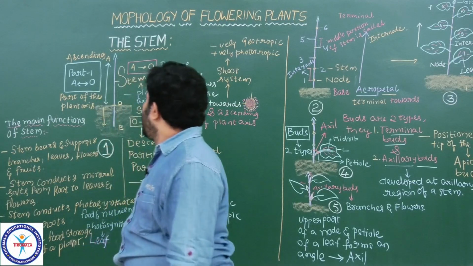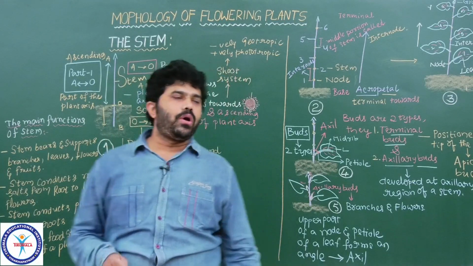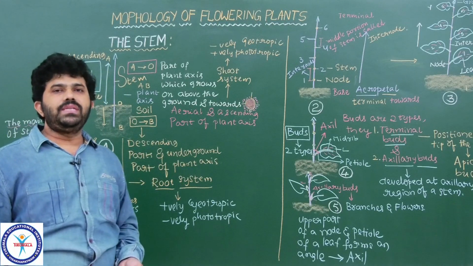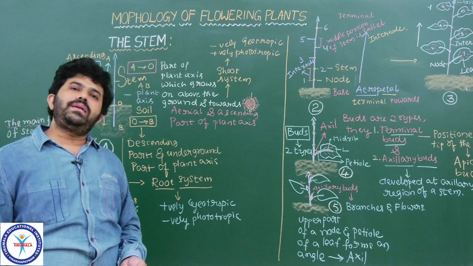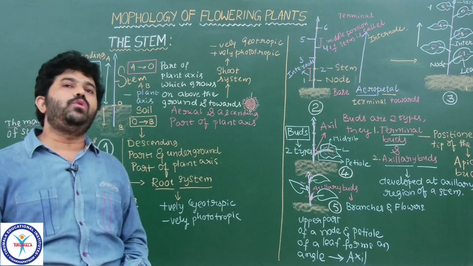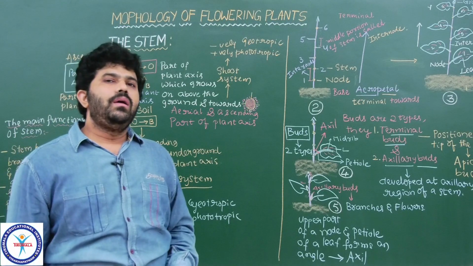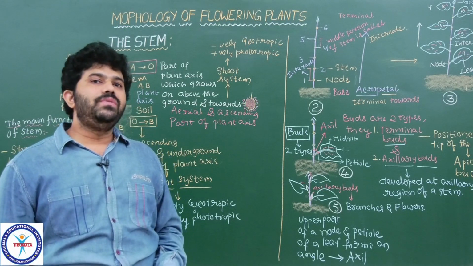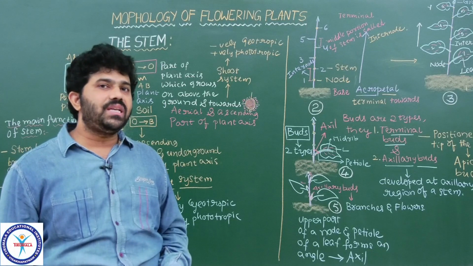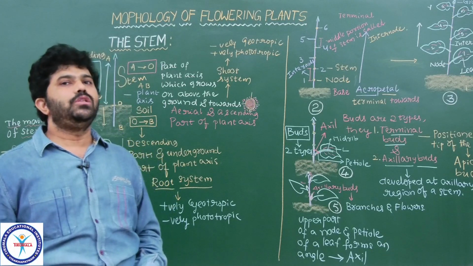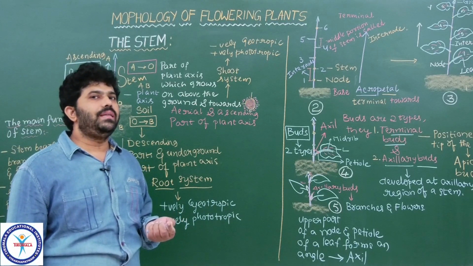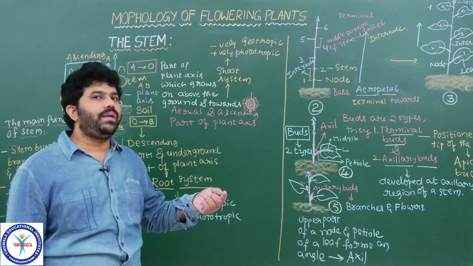You please remember, all these are very important functions carried out by the stem, which is the ascending part of the plant axis, developed from the plumule of the embryo present in the seed. When a seed germinates, a young shoot part comes out, which slowly develops into the plumule.